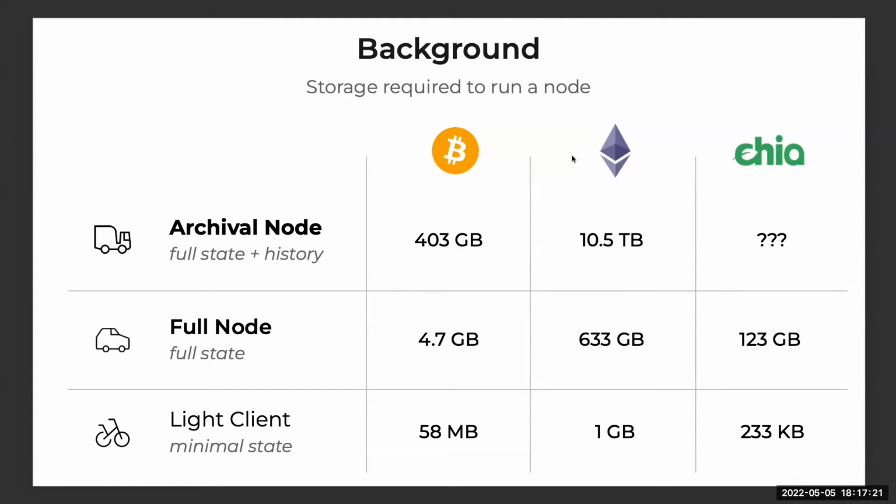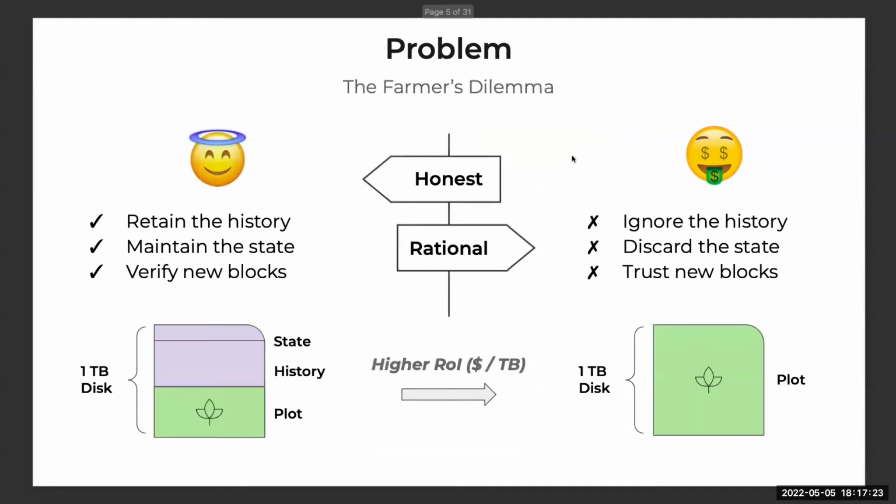With that background, there is a very specific incentive challenge in any proof of capacity protocol. That could be Chia, Spacemesh, Filecoin, Burst, and Subspace of course, this applies to as well. It's what we call the farmer's dilemma. The farmer is the consensus node, like a miner in proof of work. The farmer has a fundamental choice to make.